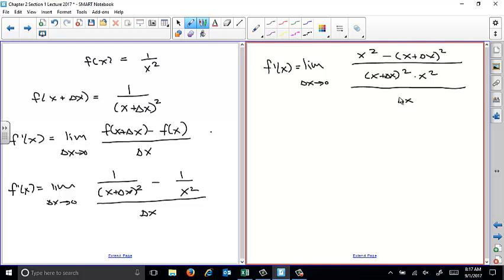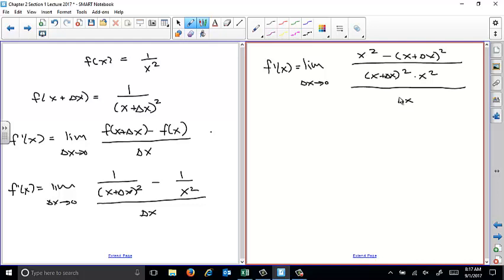Then you want to multiply out the numerator at the top, and simplify that by canceling out the x squareds. Once you've eliminated the x squareds, you'll have two terms left: negative 2x delta x and negative delta x squared.